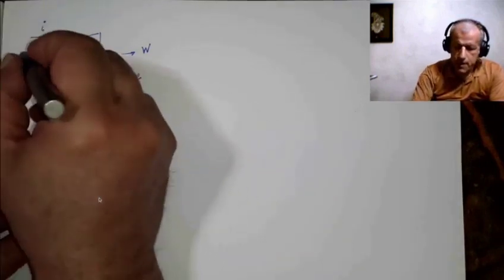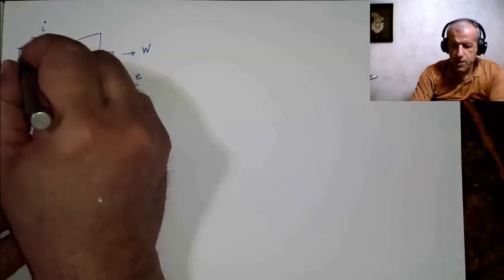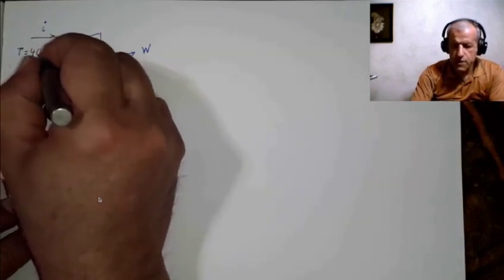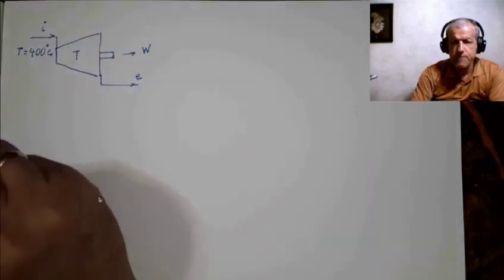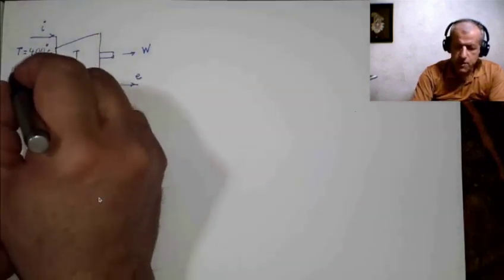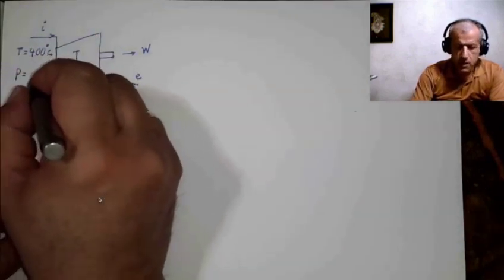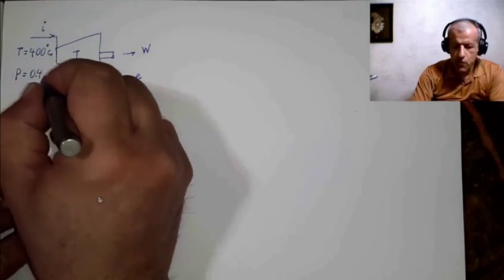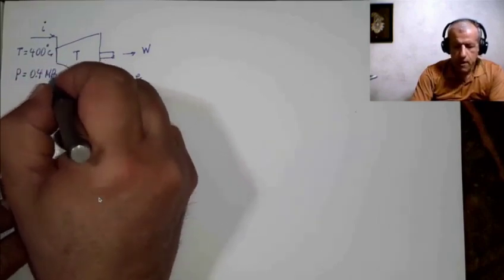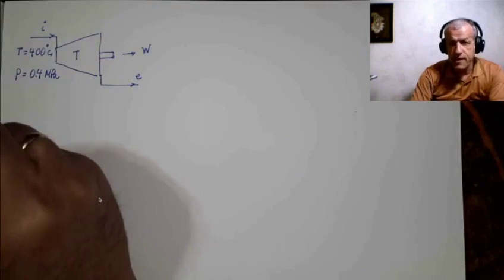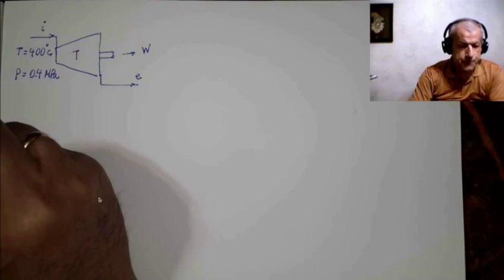So the inlet temperature, T equals 400 degrees C, and the inlet pressure is 0.4 megapascals.